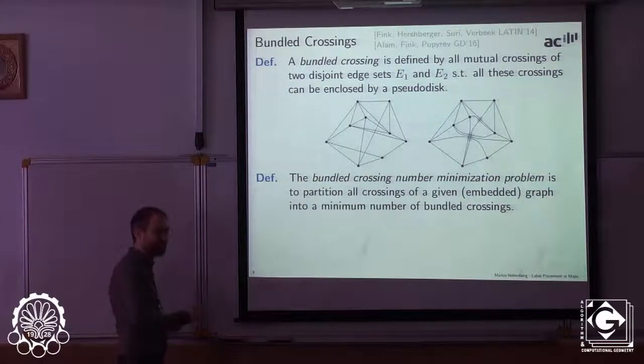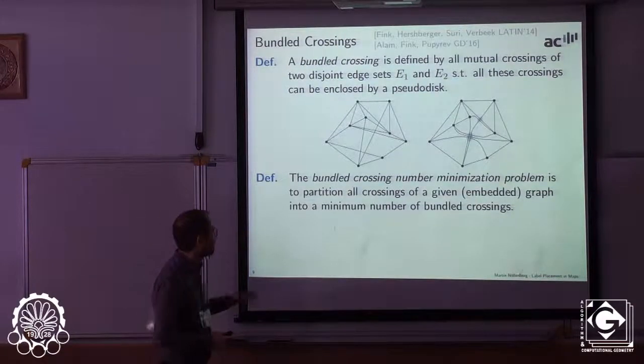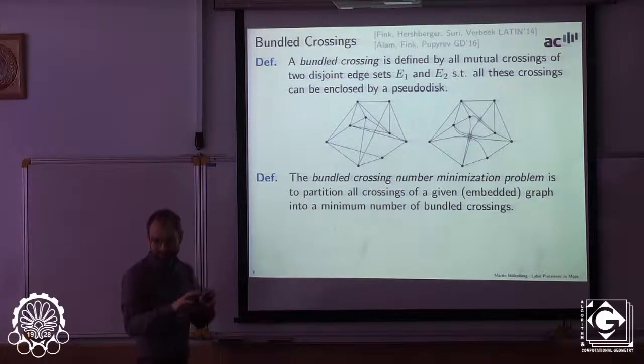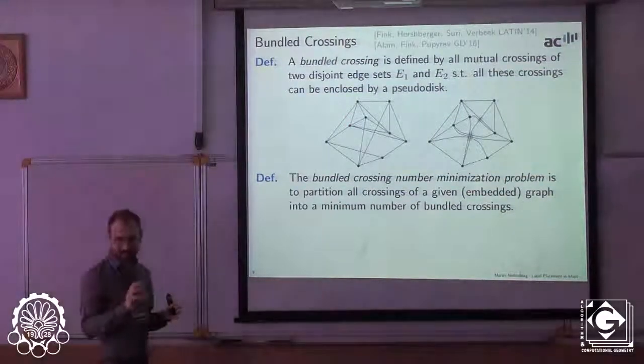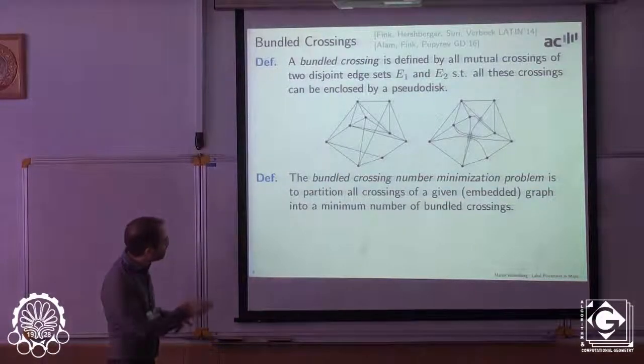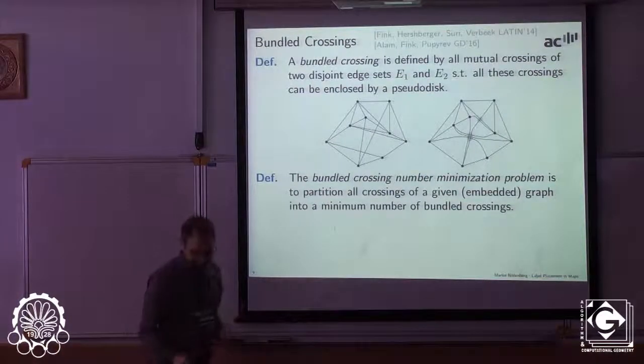So if you have a graph, you want to know how many bundled crossings do we need for a particular graph. And here we need to partition all the crossings of a given embedded graph, so you have kind of the geometry, you know where the crossings are, but now you can kind of morph the edges in the same homotopy class in some sense to group crossings in these kind of pseudo-disks. And we want to minimize the number of bundled crossings.